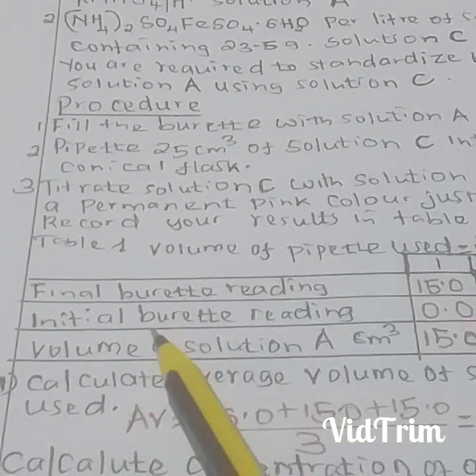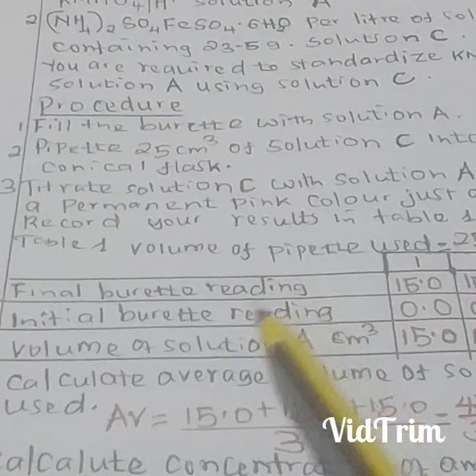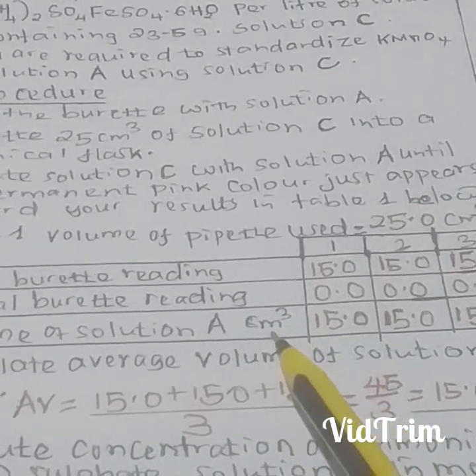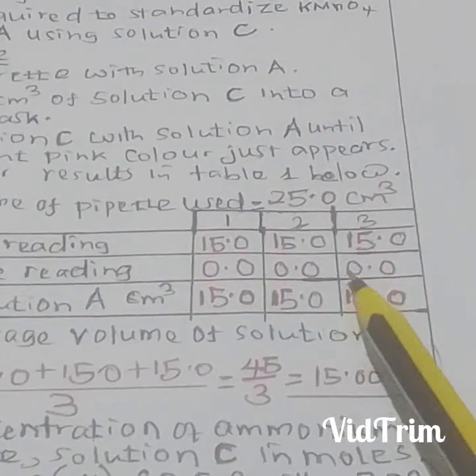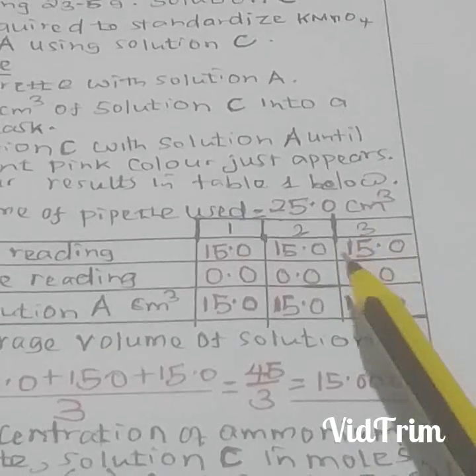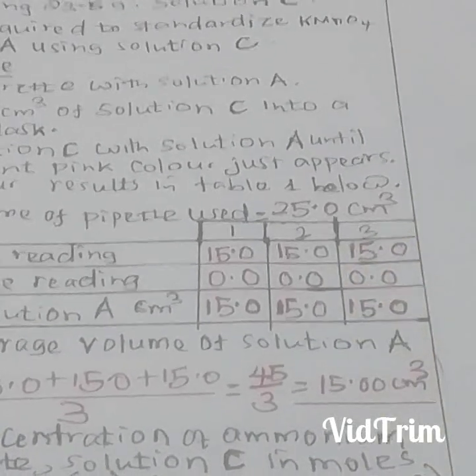But you have also been given the initial burette reading, final burette reading, and volume of solution A used in cm³. So when it comes to completing the table, my student, I have always been telling you, it's all about looking for marks. After all, you want to pass your exam.